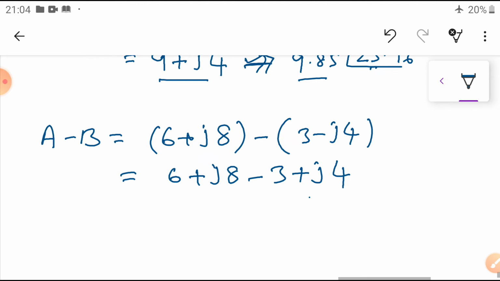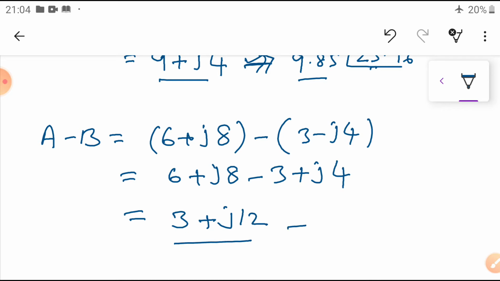Now add the boys and girls: 6 minus 3, 6 boys and minus 3 boys, the value is 3. The girls are added here, so plus j12. This is the final answer.